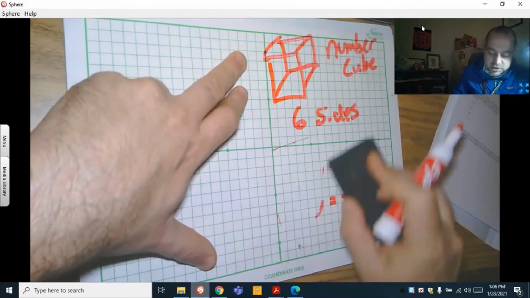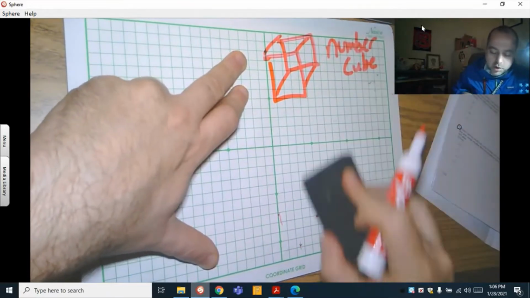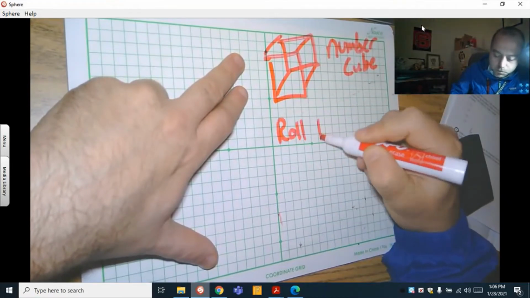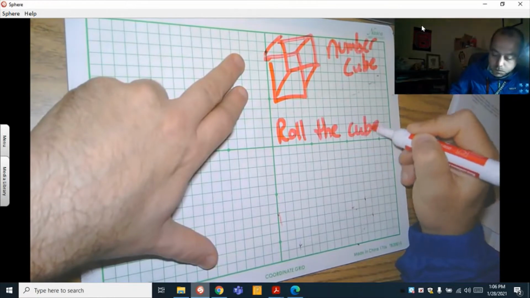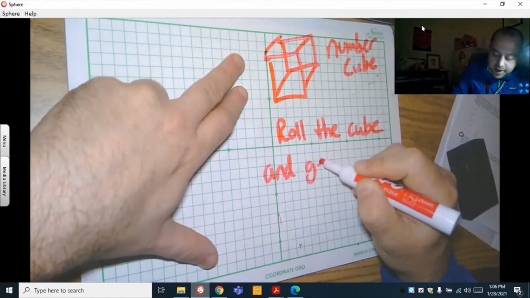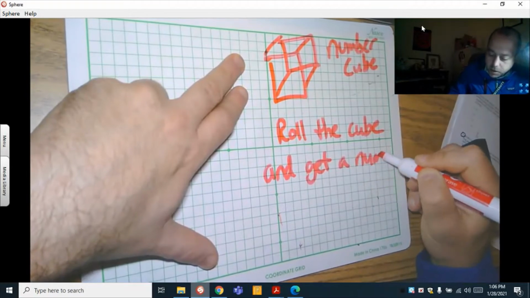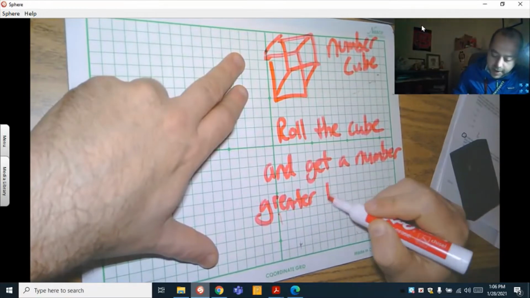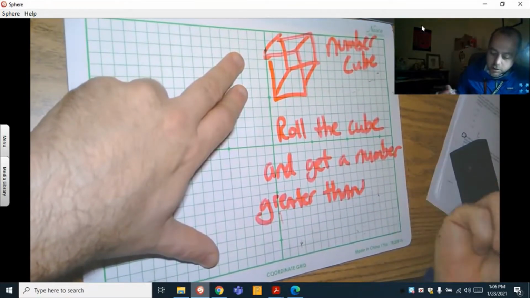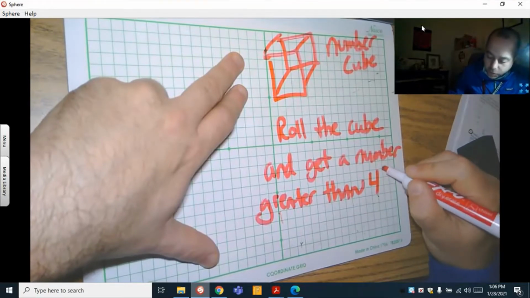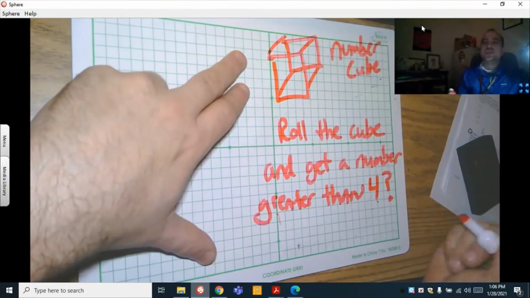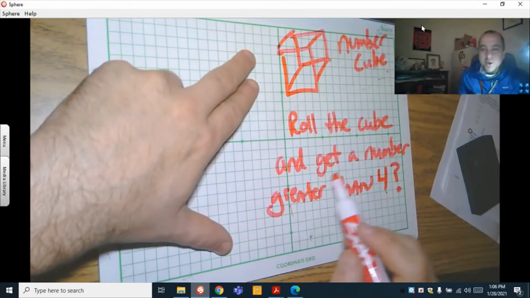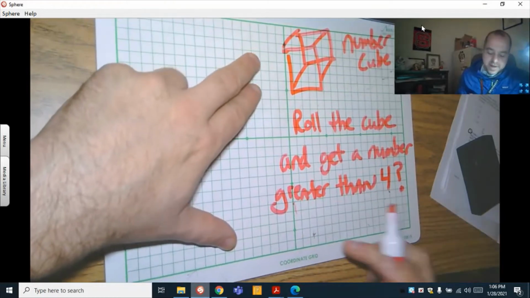So what if this question said, what are the chances you roll the cube and get a number greater than 4? Alright, so how many numbers are on the cube? Remember, there's 6 sides.